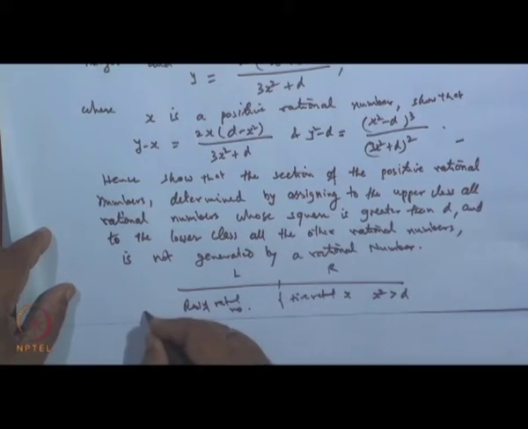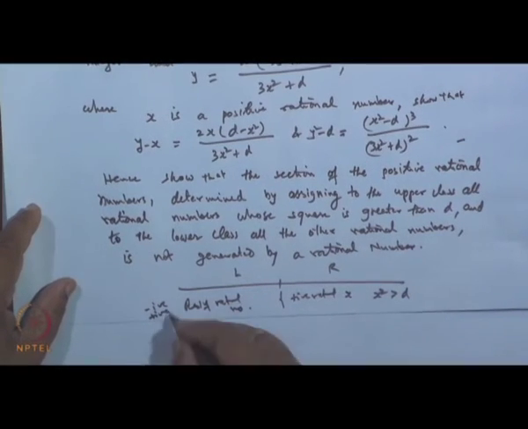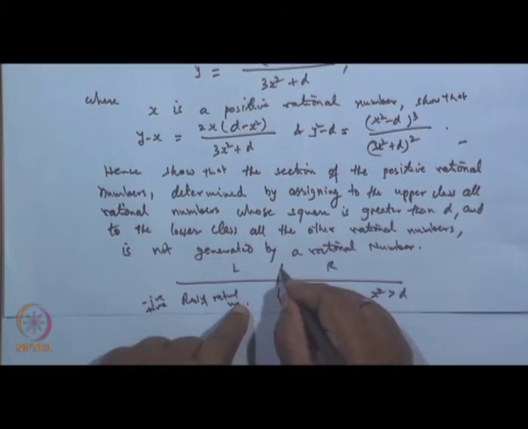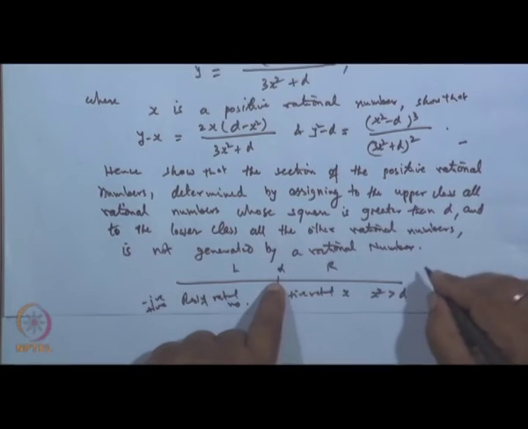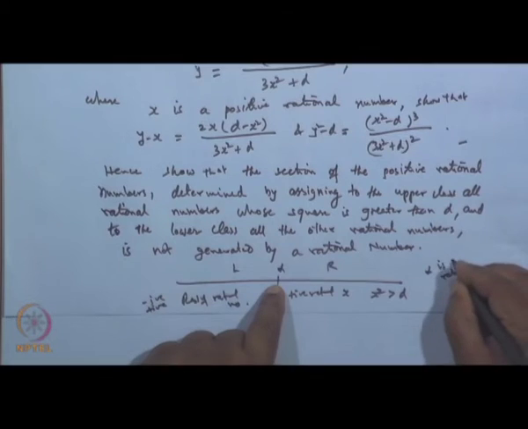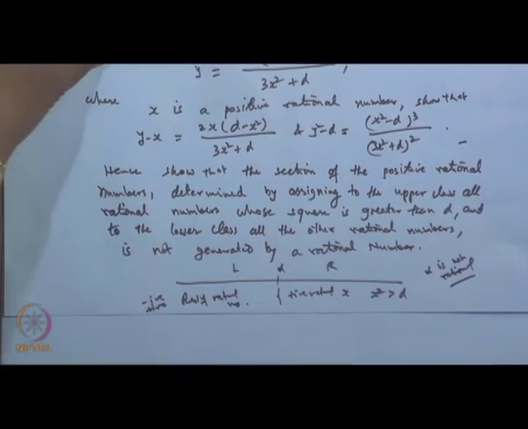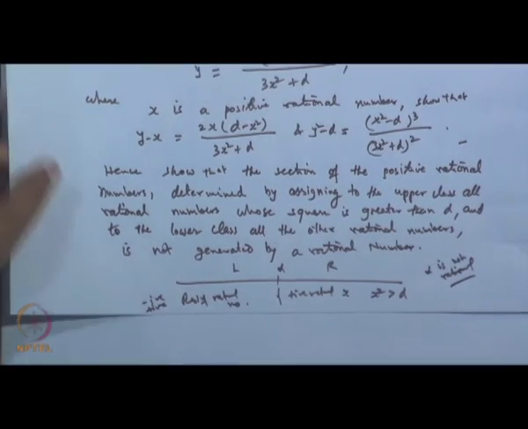So this will include all negative and some remaining positive ones, but the upper class is exclusively positive with square greater than d. Now, this number, say alpha, we want to show that alpha is not rational. Okay, the proof is very simple, just go ahead.